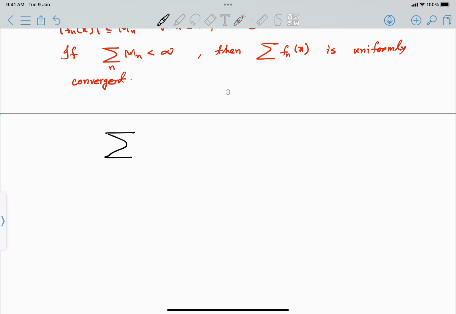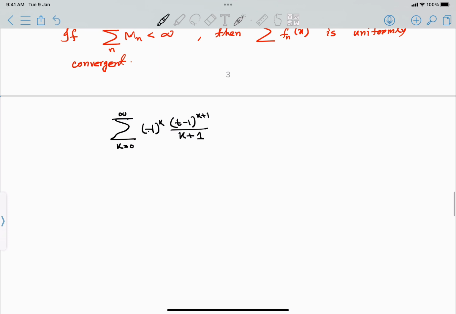So here the series is: first note, what is minus 1 to the power k, (t minus 1) to the power k plus 1 by k plus 1?